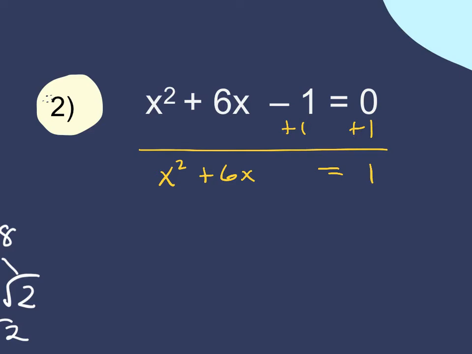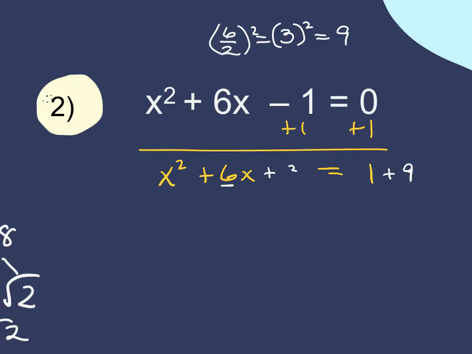I now take that b term, divide it by 2. So my b term is 6. 6 divided by 2 is 3. Square that, and I get 9. Now for me, I'm going to put plus 9 here. But instead of putting plus 9 here, I'm going to put what it was before I squared it.